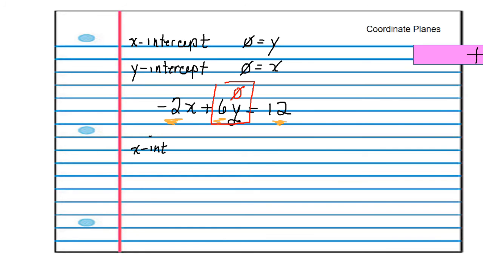So all you're going to see is the -2x and the +12. So -2x equals 12. And if you just kind of put your thinking caps on, you would go, well, that's going to be a -6. So the coordinates for this is you got a -6 for the x, and you put a 0 in for the y.